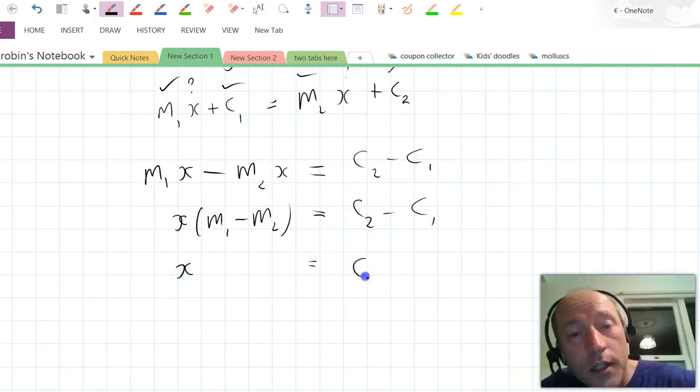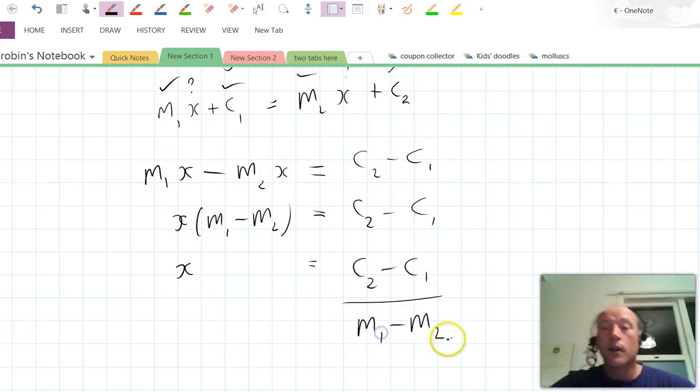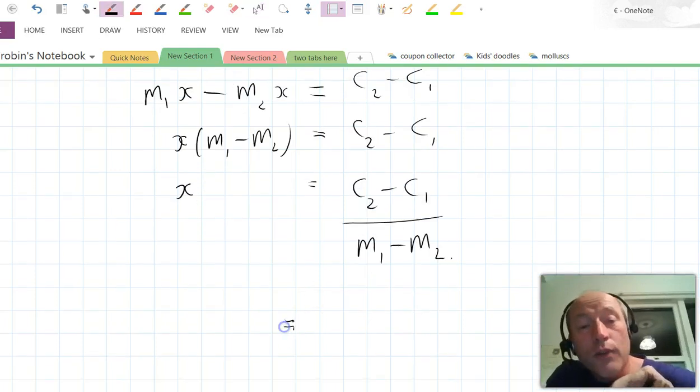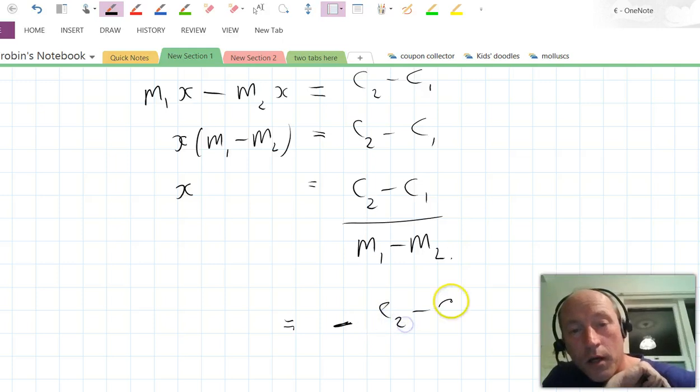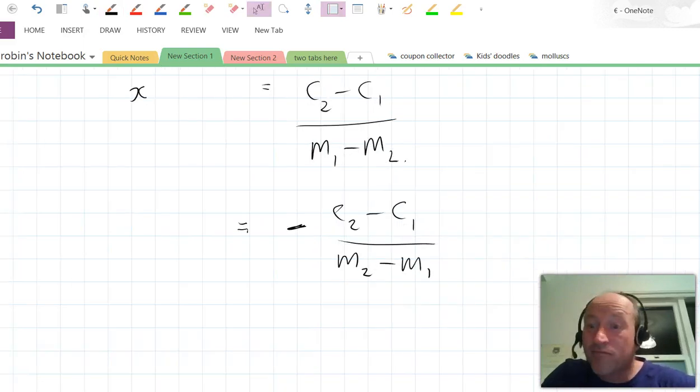So x equals (c2 minus c1) upon (m1 minus m2). Now I'll tell you what, that's annoying, because look, this one is a 2 minus a 1 and that's a 1 minus a 2, and that'll drive you nuts. So I'm going to redefine that. I'm going to say it's minus (c2 minus c1) over (m2 minus m1). There you go, just going to define it like that. So that's my point of crossing, or that's the x-coordinate anyway.